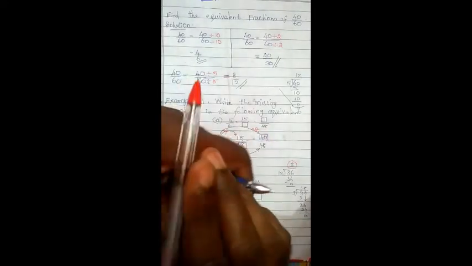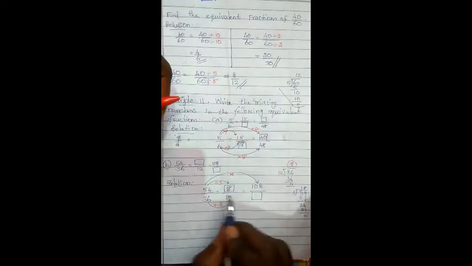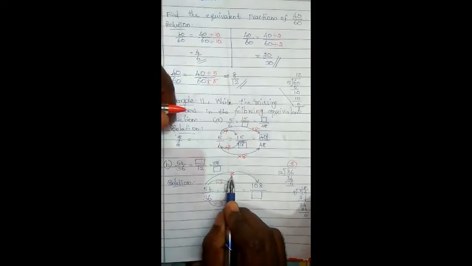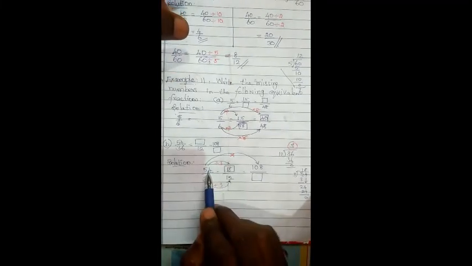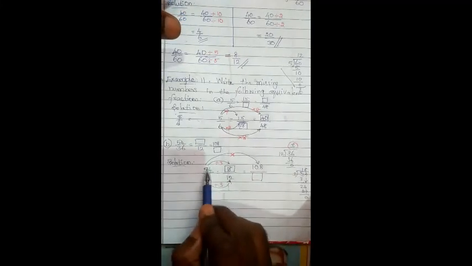Correct. Then what number? 54 into, I can say it is 2. 2 54s are 108. How will you identify? If the number is big, if it is a complex number, then there is a technique. I will tell you.